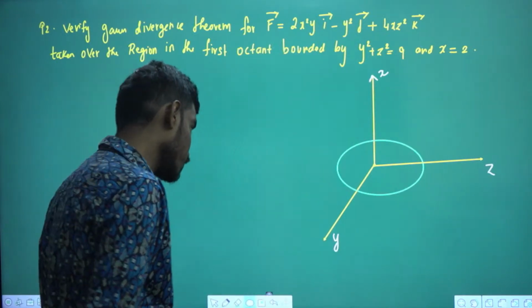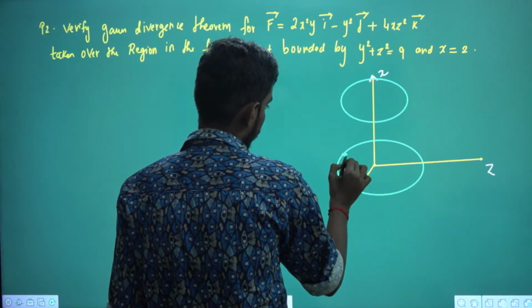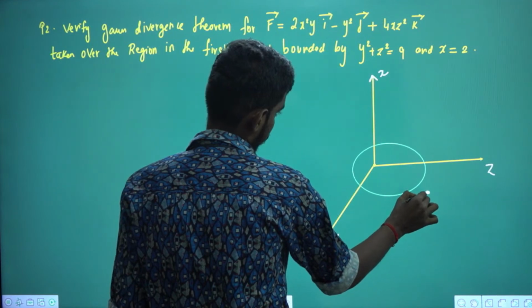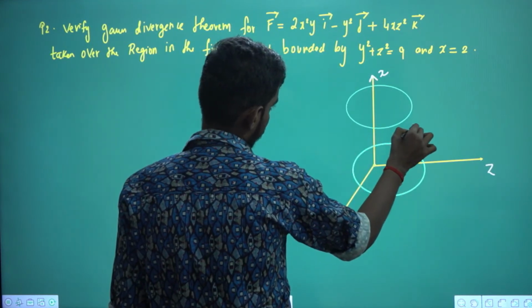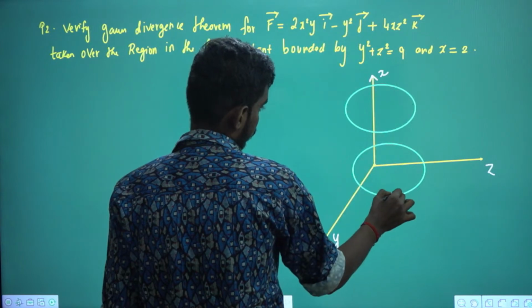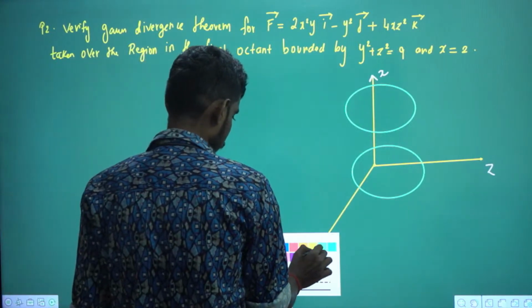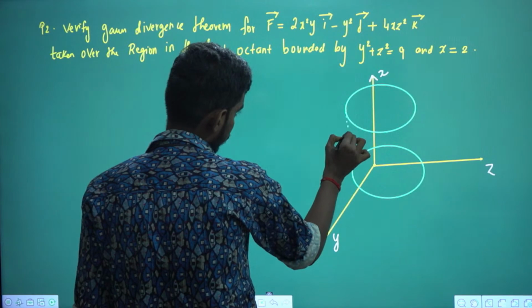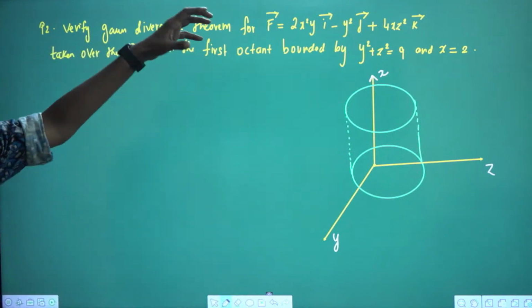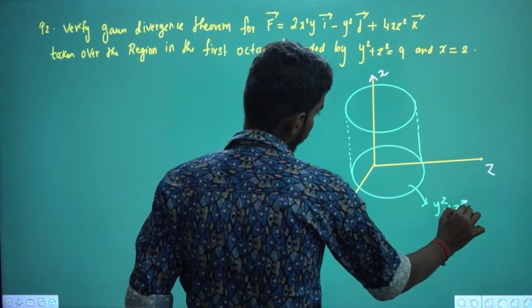So we'll draw this and we'll draw one more. So we have one solid, and this is y square plus z square equal to 9.